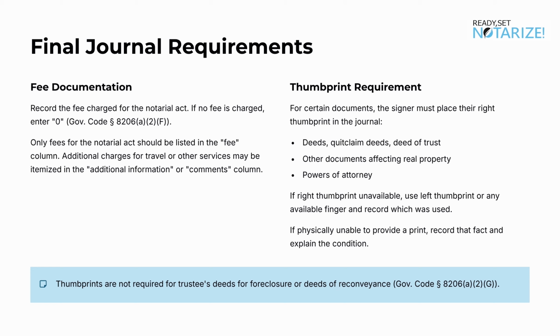If the right thumbprint is not available, then the notary public must have the party use his or her left thumbprint or any available finger and must record the left thumbprint or which other fingerprint is captured in the journal. If the party signing the document is physically unable to provide a thumbprint or fingerprint, the notary public must record that fact in the journal and must provide an explanation of the physical condition of the person.